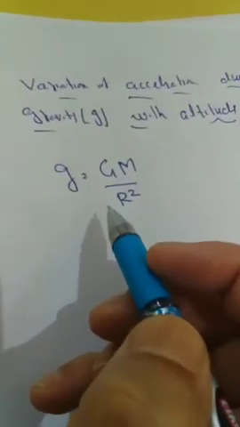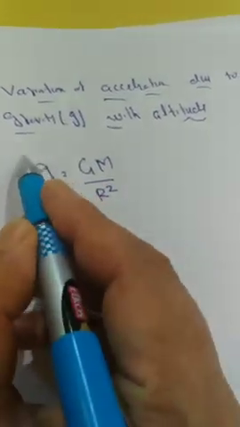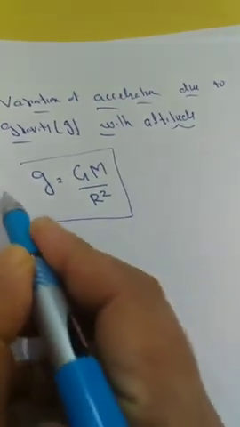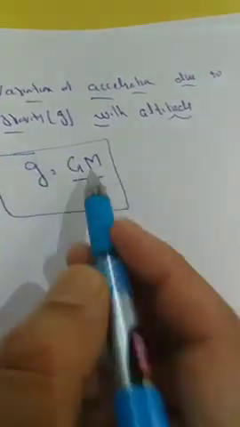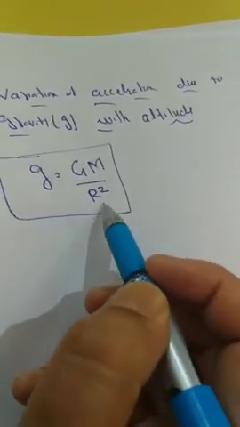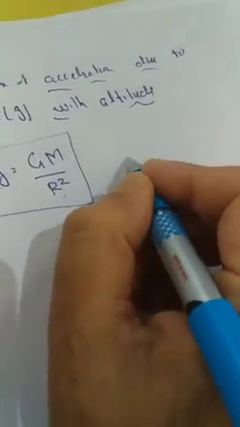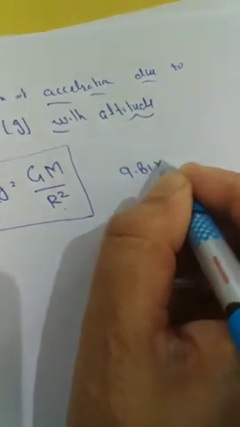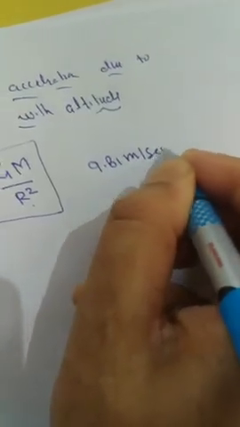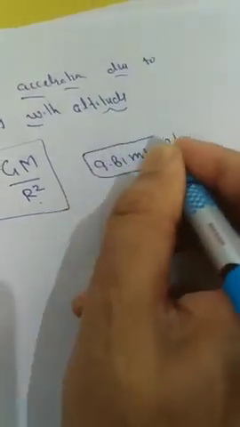By substituting their values, we can get the value of g, approximately 9.81 meter per second square at the surface of the earth. Please remember this.